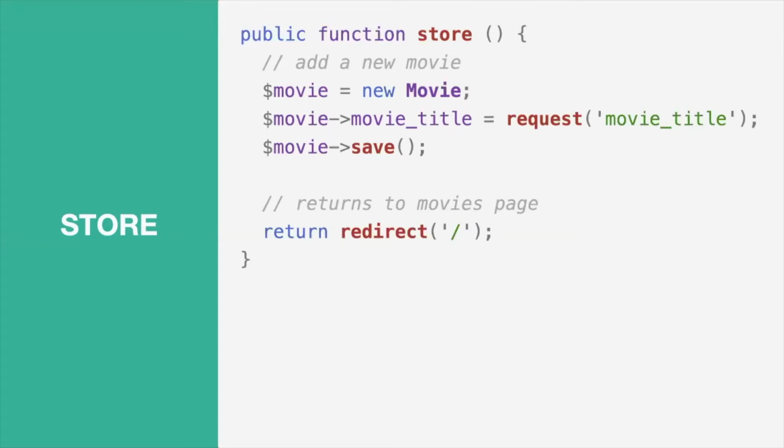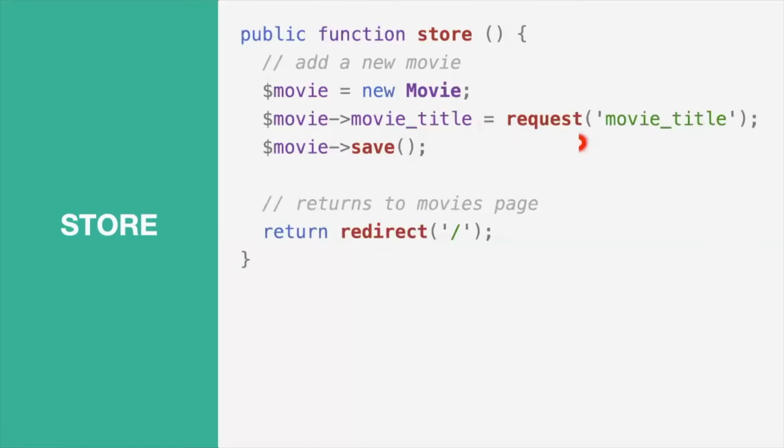So we're going to create a new movie object based off of the movie model. And when we do this, we can then update all the properties of that object by just using that thin arrow, the dash greater than arrow, setting the column name with a value.